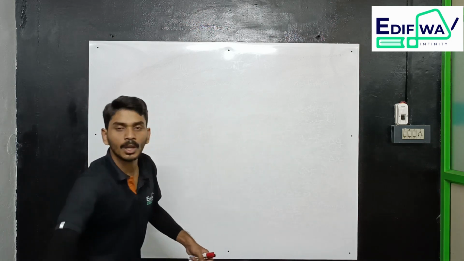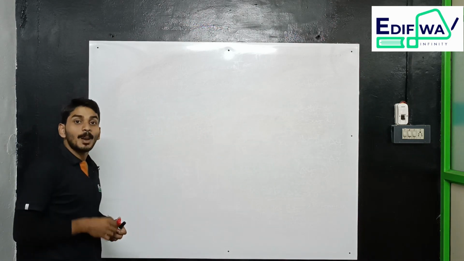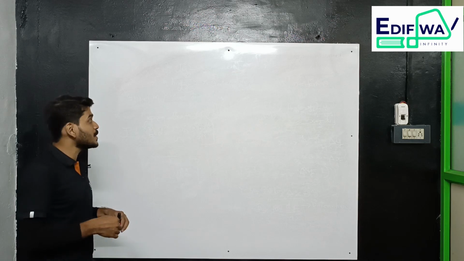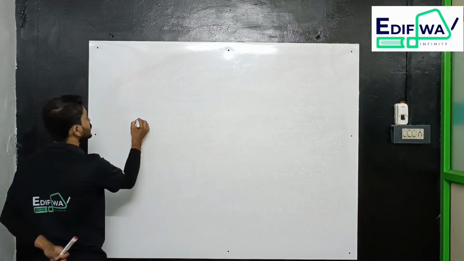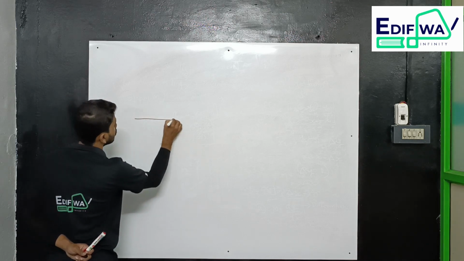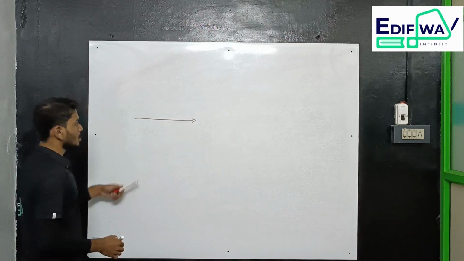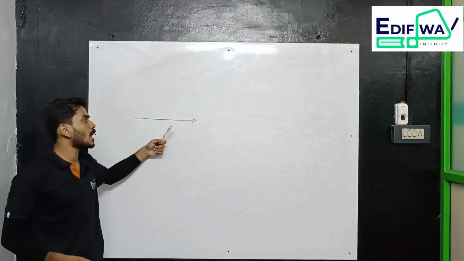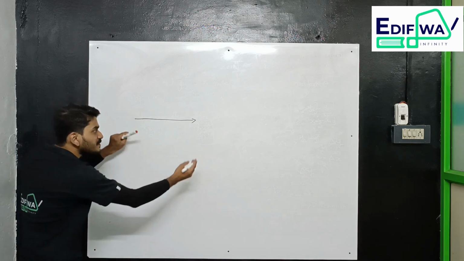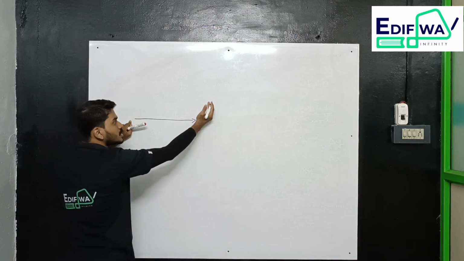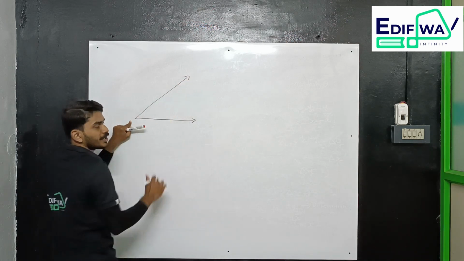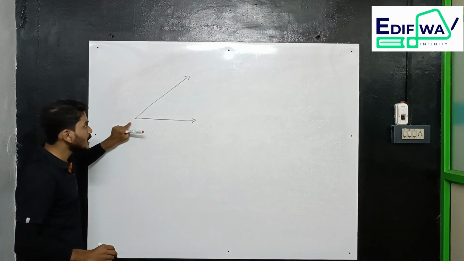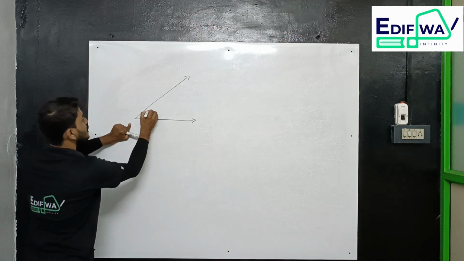So now I'm going to teach you what is meant by positive angle and what is meant by negative angle. Suppose you have a ray, an arrow. If this ray rotates in the anti-clockwise direction and reaches this point, then an angle is formed here.